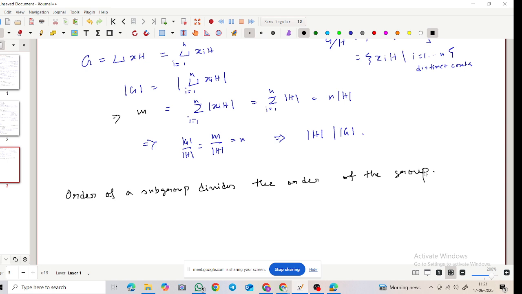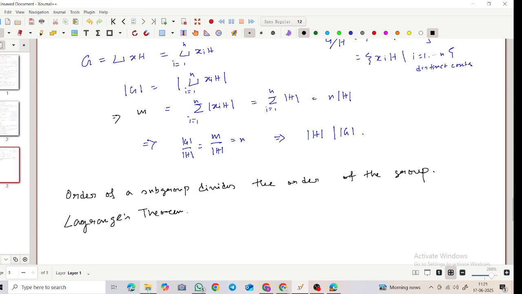Clear? This is called Lagrange's theorem. You see, we have used only the definition of a group and a subgroup. Everything else is class 12 level knowledge, right?